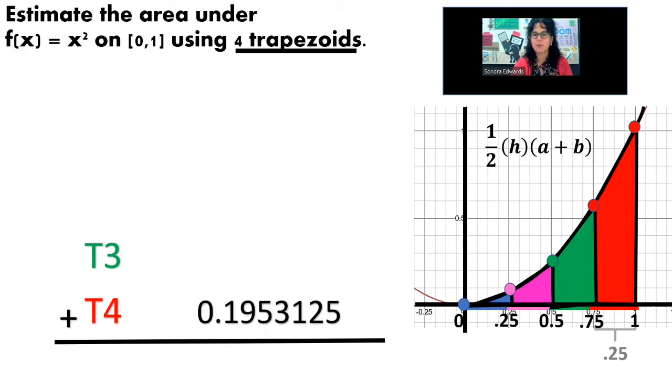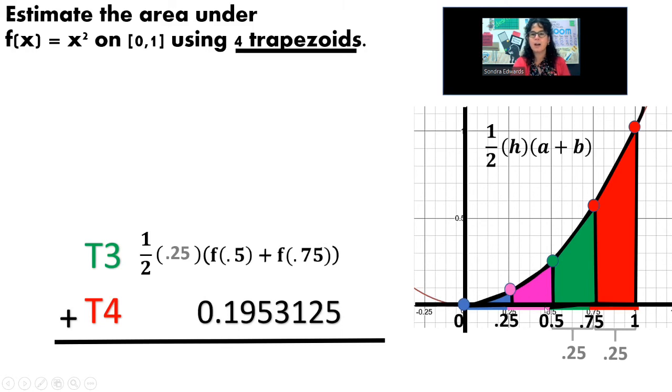And for Trapezoid 3, same formula, and the distance right there, the distance between the parallel ones is the height, so that's 0.25. And then the bases A and B, we can get our bases by plugging in 0.5 and 0.75 into our function. Okay, so if I plug in 0.5, that gives me that distance.